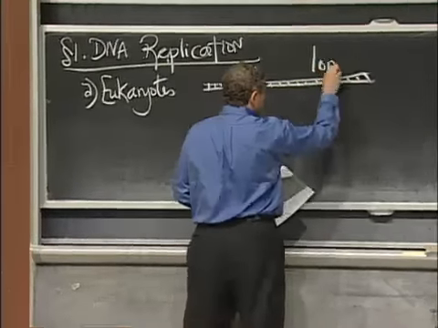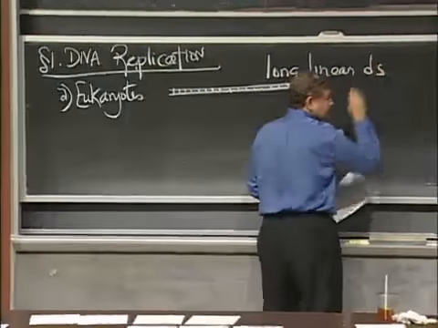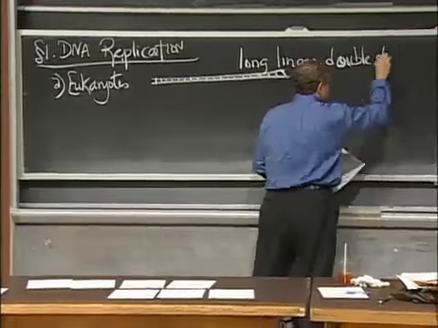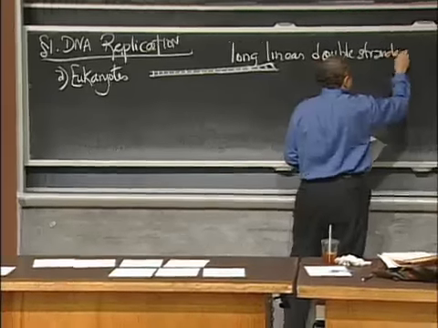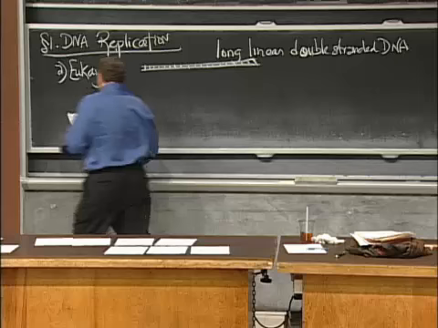Long, linear, double-stranded, DS for double, I'll write it out, double-stranded DNA. You know this. And you've got a lot of it.